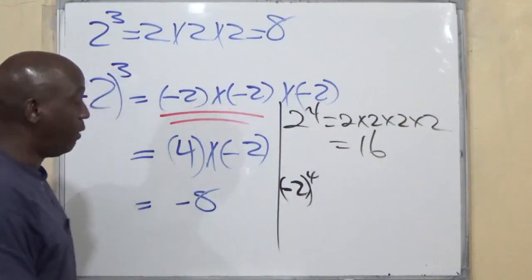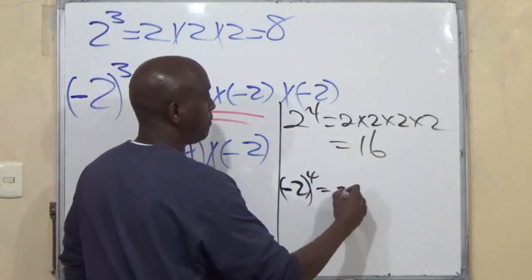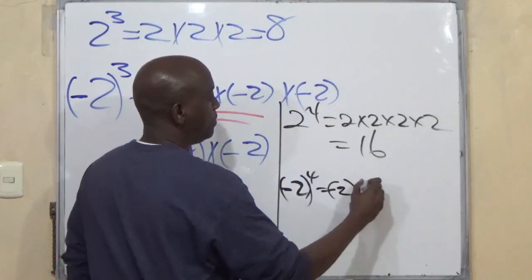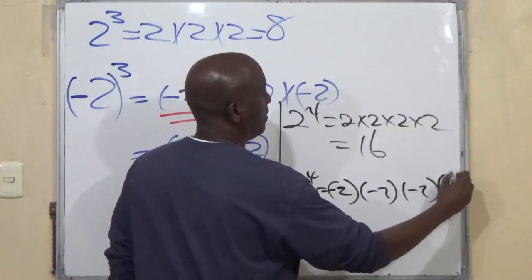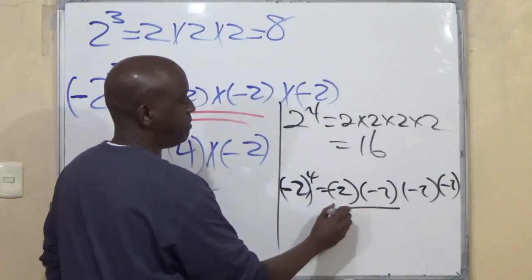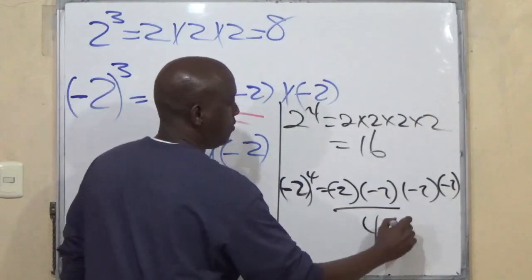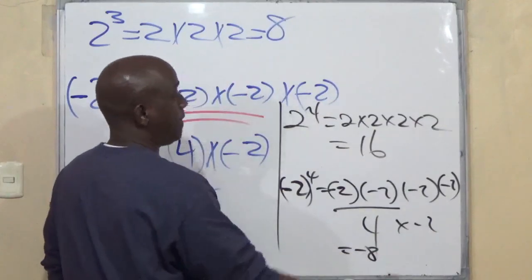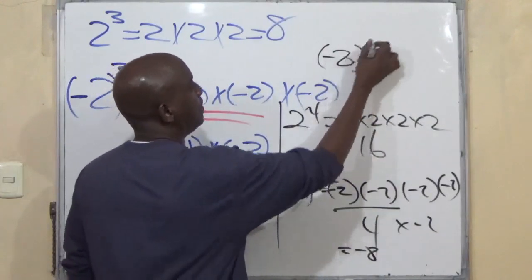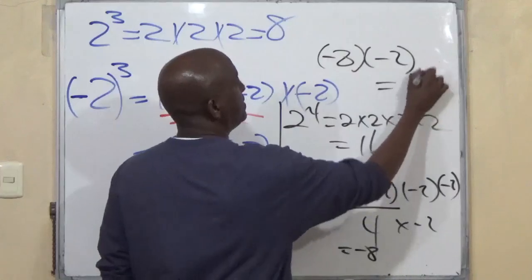Minus 2 to the power of 4 would be minus 2 by minus 2 by minus 2 by minus 2. Minus 2 by minus 2 is 4. 4 by minus 2 is minus 8. Minus 8 by minus 2 will be plus 16.